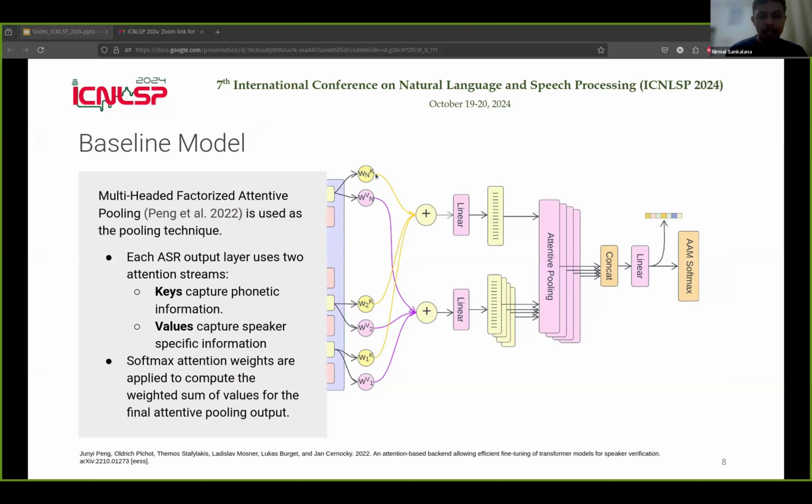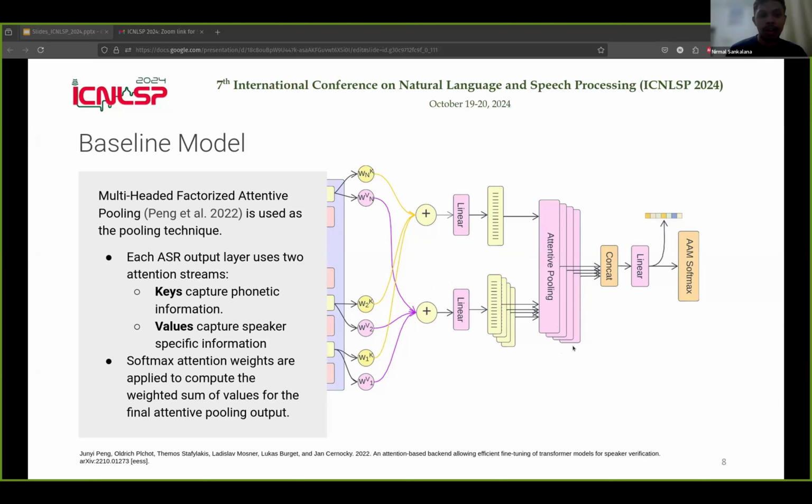Key attention weights are basically responsible for capturing phonetic information, and the value stream is responsible for capturing discriminative speaker information. To combine this information effectively, we apply softmax attention weights. This process computes a weighted sum of the values based on their importance.